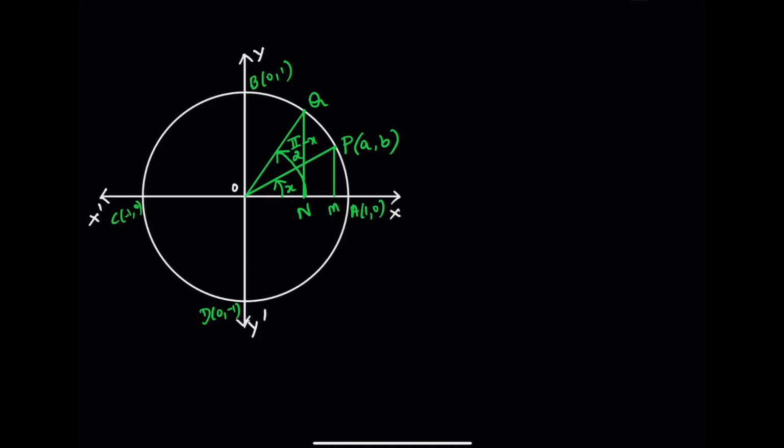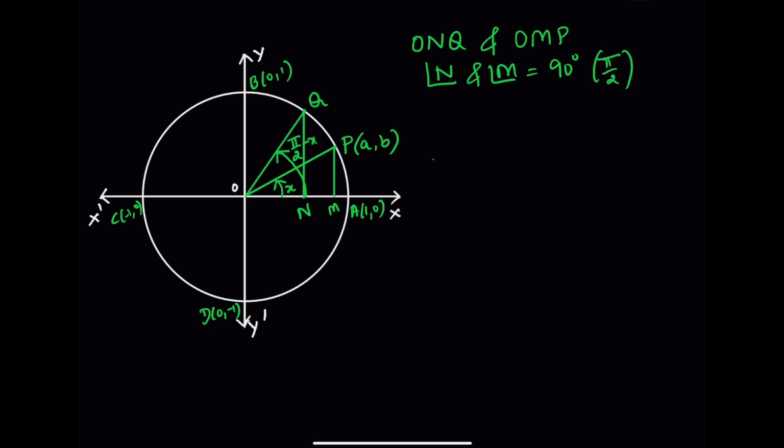Now we have two triangles, ONQ and OMP. So angle at N and angle at M are 90 degrees or pi by 2.